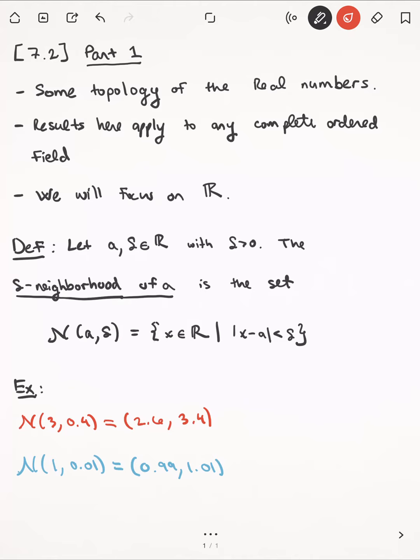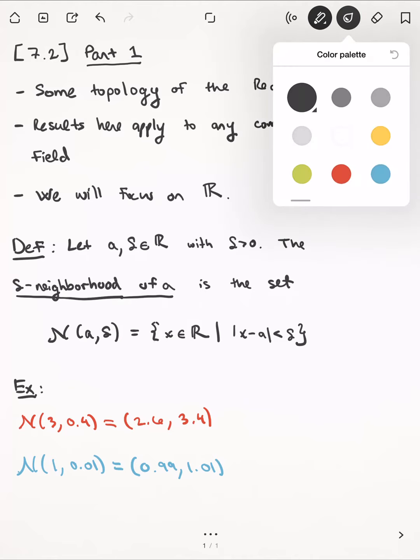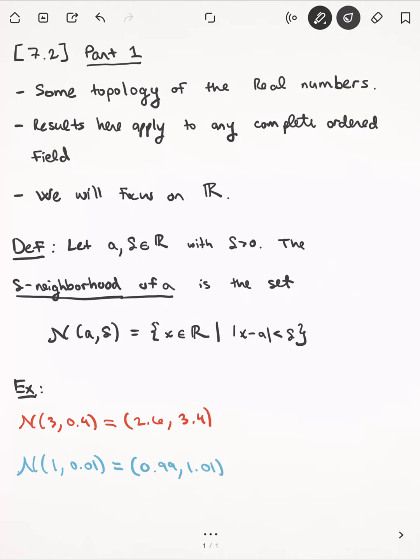And you can draw this quite easily on a number line, right? So if this was a number line, say 1 is here, 2 is here, 3 is here, where is the red delta neighborhood? Well, it's centered at 3, and it goes from about 2.6 to about 3.4.